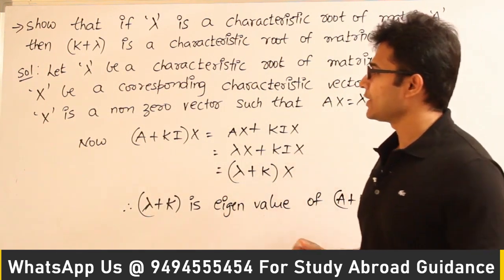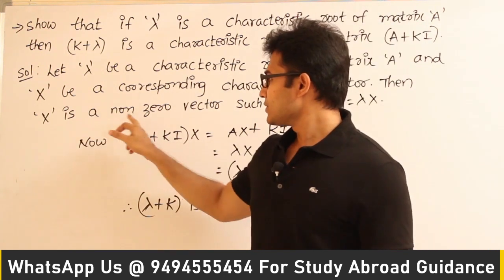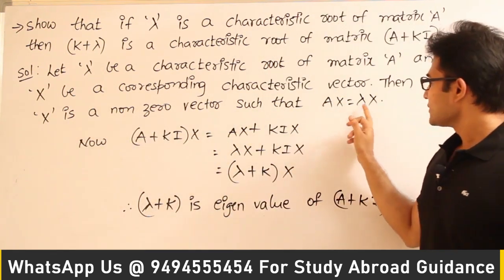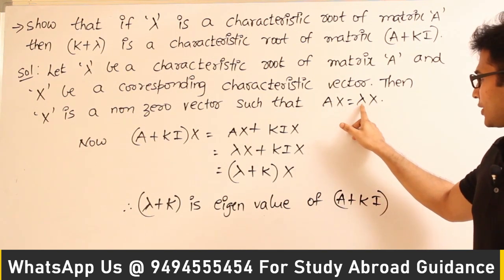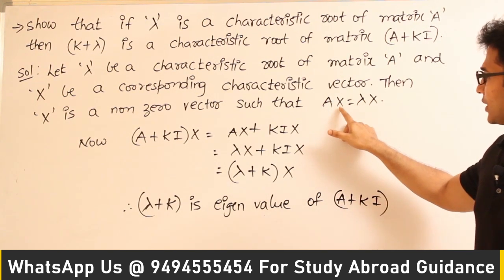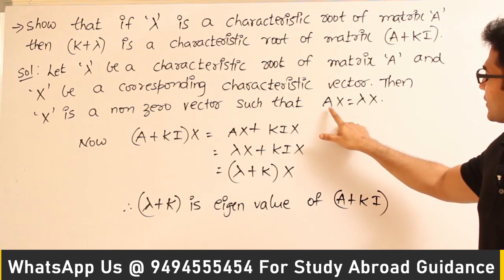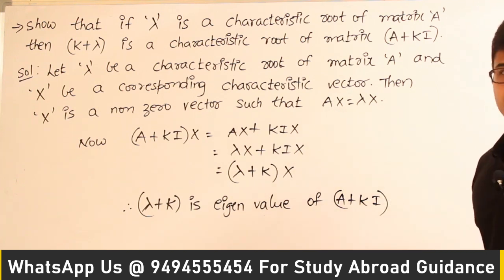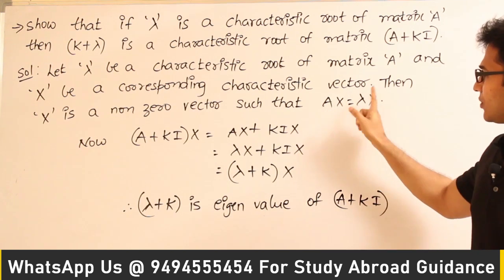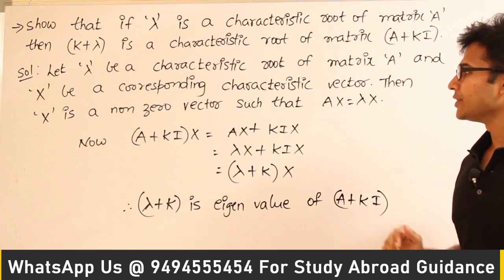Then x is a non-zero vector such that Ax equal to lambda x. It is nothing new, you know this already, right? So just remember it and leave it there.